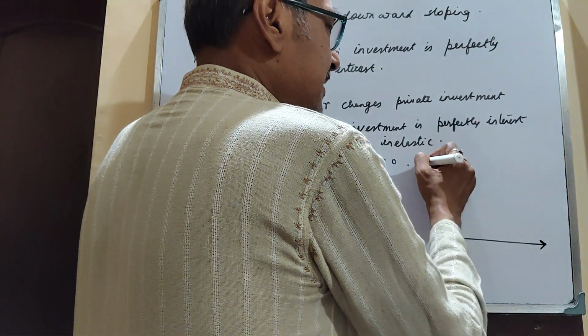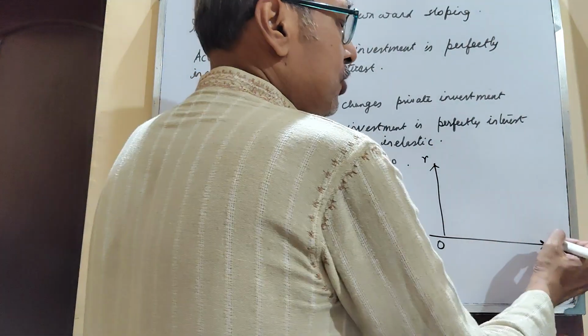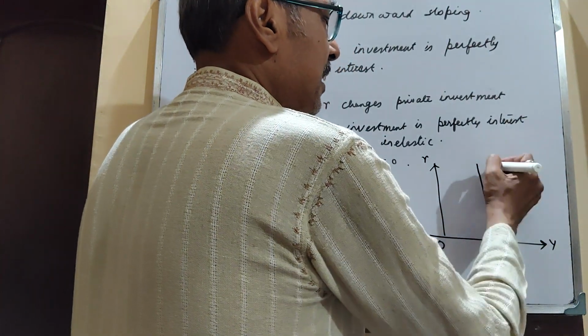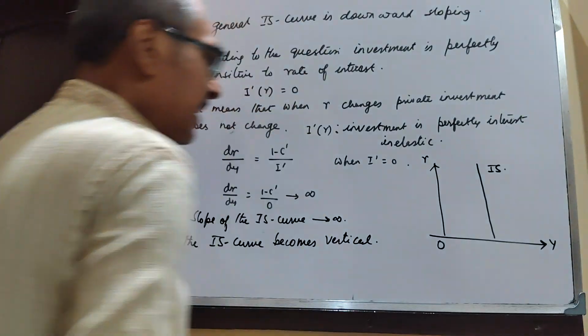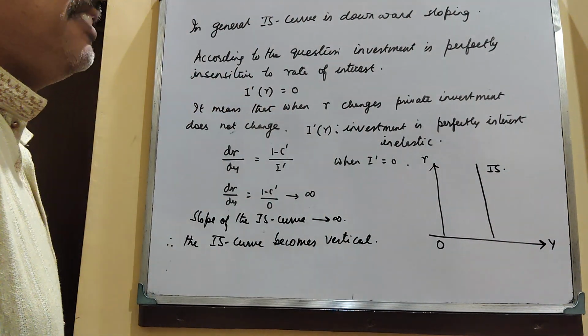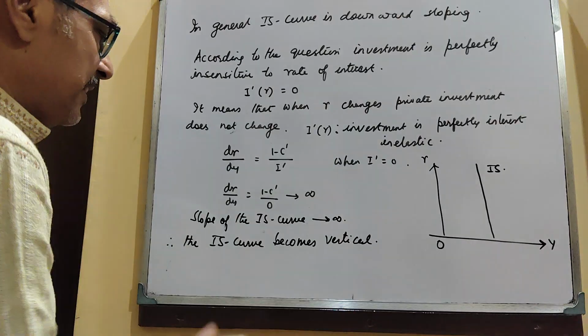On the vertical axis, we are measuring the real rate of interest. On the horizontal axis, we are measuring income, and the IS curve becomes vertical. When investment is perfectly inelastic, the IS curve is vertical.